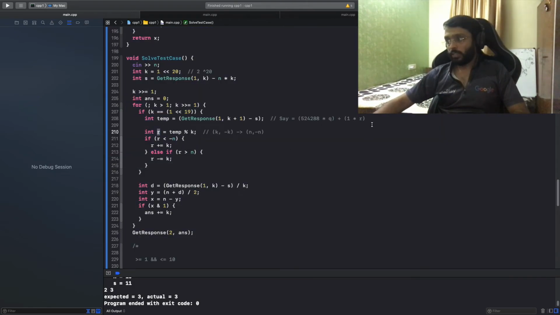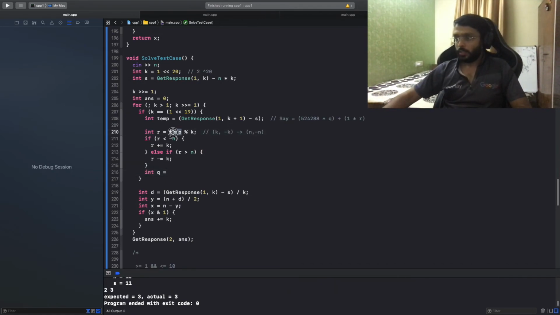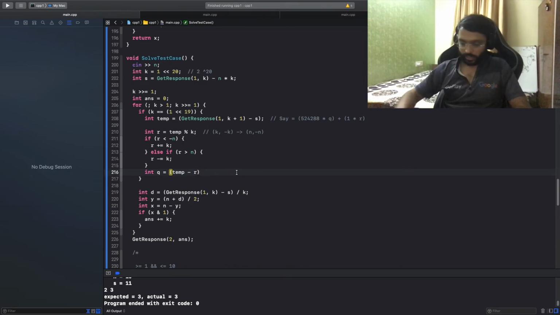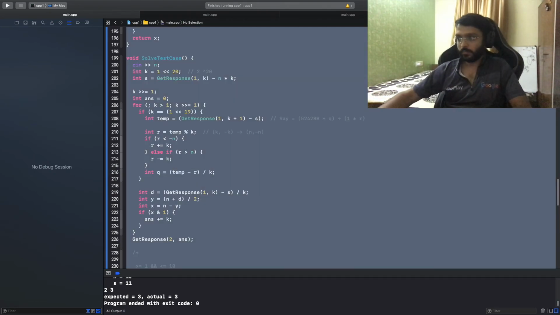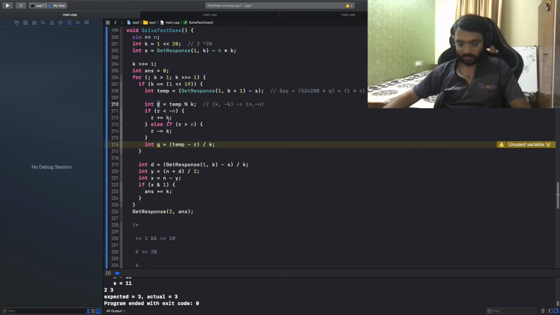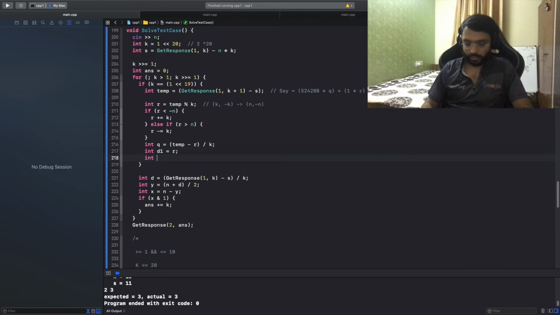So now I got the R. Similarly, int Q is equal to temp minus R divided by K. And this R and Q are nothing but this D which we had earlier. So int D1 equal to R, int Dk is equal to Q.